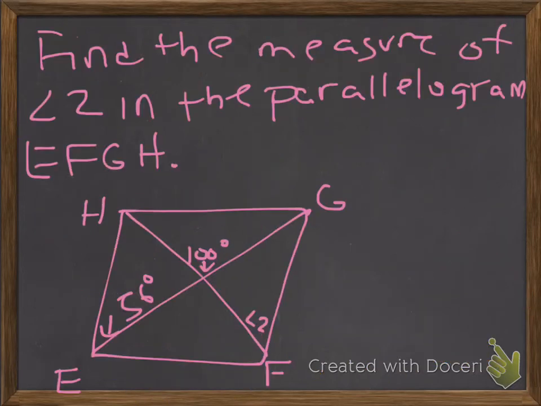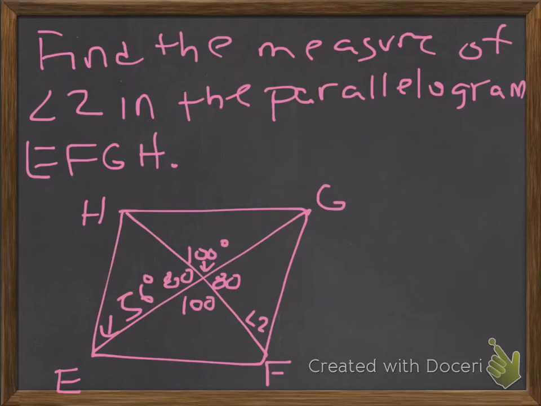Next one, find the measure of angle 2 in the parallelogram. Here we're going to have to use a little bit of our knowledge of parallel lines cut by transversals. In this case, if we're given 100 in the middle, that makes each of these 100. And then we're given that angle 1 is 100, so the other side would have to be 80.